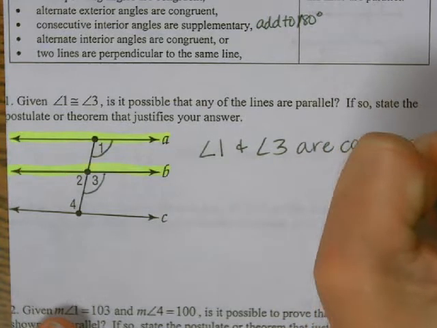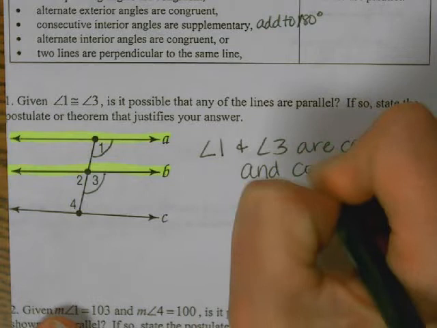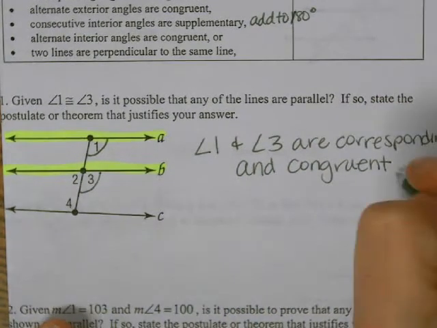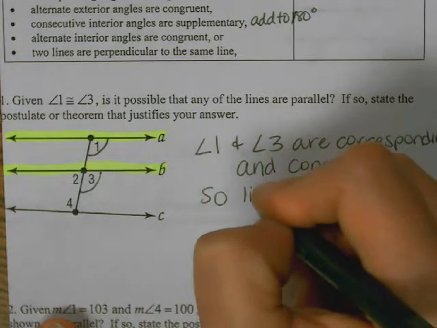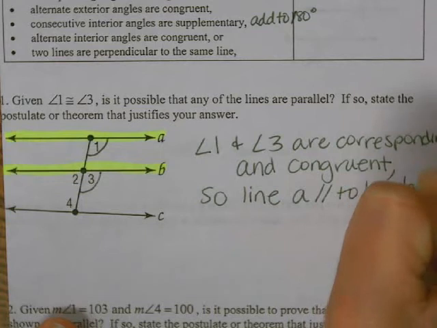So angle 1 and angle 3 are corresponding and congruent. So line A is parallel to line B.